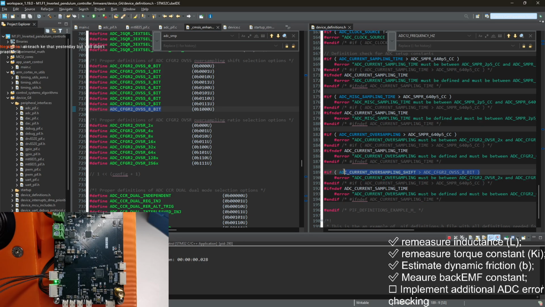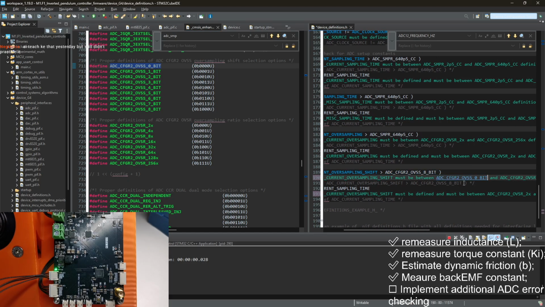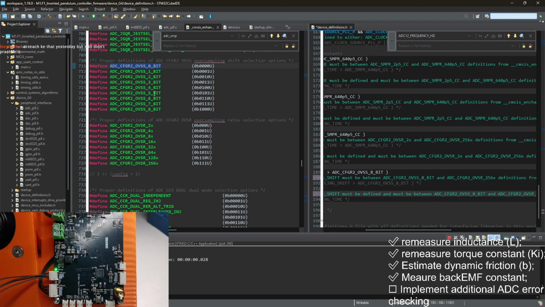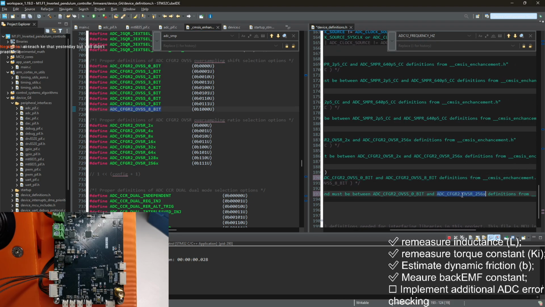And this should be here. And this should be here. And this should be this and that. And this and that. Copy pasting errors all over me.